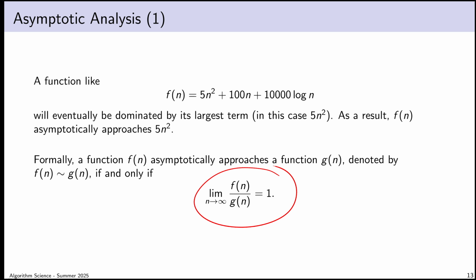That is, if the limit converges to 1, then f asymptotically approaches g. But because I said if and only if, there are cases where the two functions are effectively in the same asymptotic category, but the limit doesn't converge due to just annoying factors. So one example is, what if for some reason one of the two functions contains the sine function?